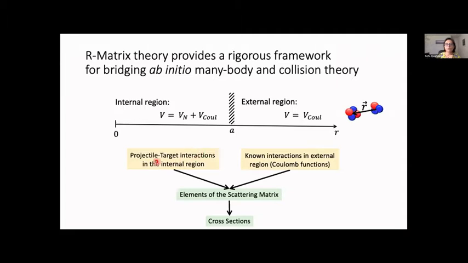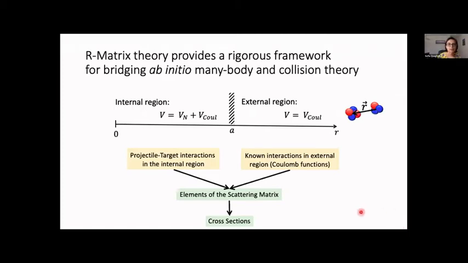So what we do in R-matrix theory is that in the external region we approximate the scattering wave function using the asymptotic solutions of the problem that are known, basically Coulomb wave functions, while the internal region is considered finite.